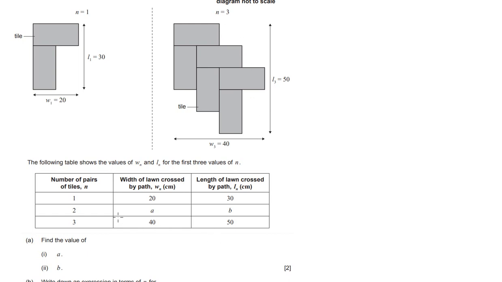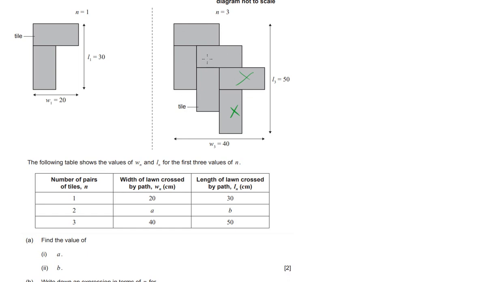Okay. So now what they're asking for, what's the value of A? So if it was only 2, what's A and what's B going to be? Basically if we added in another tile here, if it looks like this one right here without this one and this one, right? So that means the length would be from here across to there.